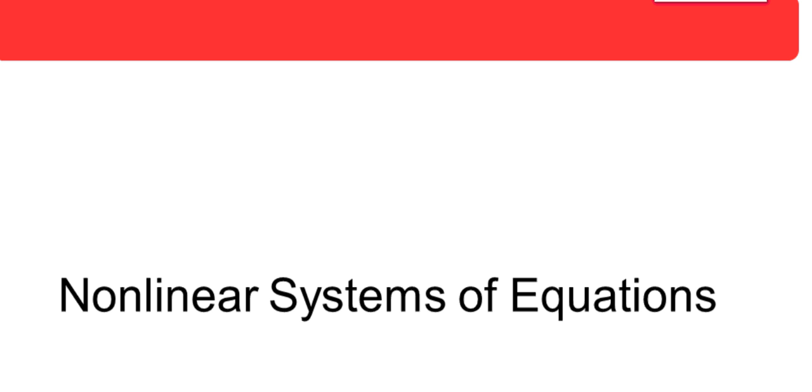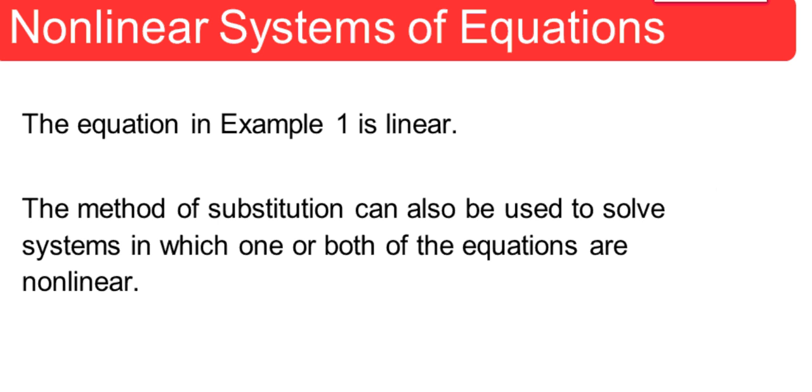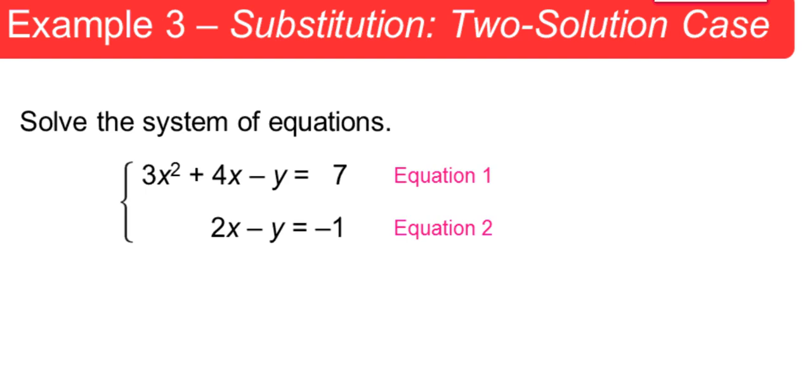Because now it's not just a matter of having fractions, but we might also have powers of x or y, or roots, or logarithms, or trigonometric equations, or things like that as we go. So the equations in example 1 were linear, and substitution can be used for systems that are nonlinear. So here's our next system.